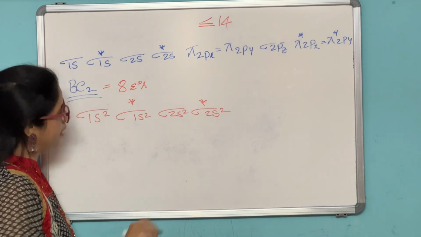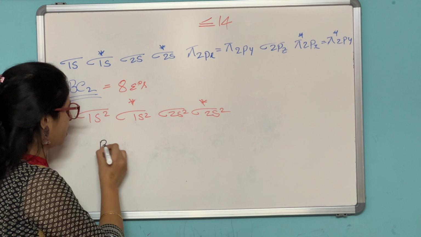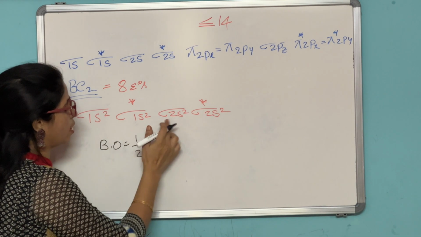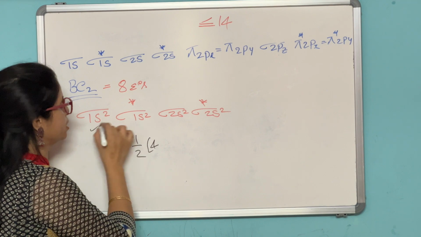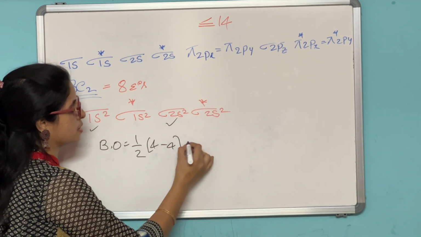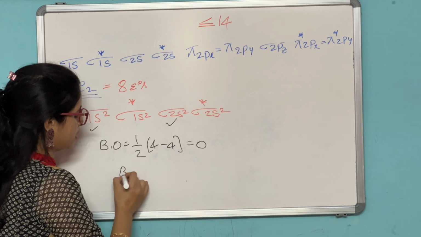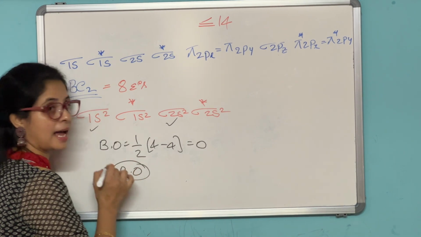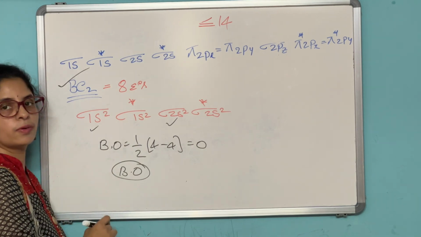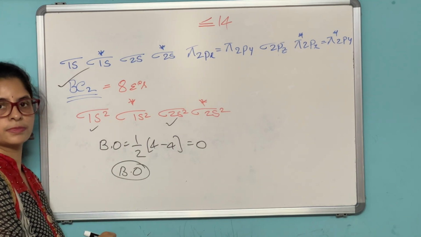First calculate the bond order: half of the difference between bonding electrons 4 and anti-bonding 4, which is equal to 0. So bond order 0 indicates that, like He2, Be2 also does not exist. Clear?